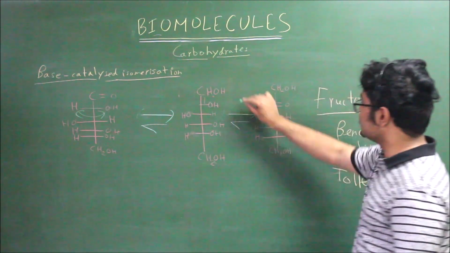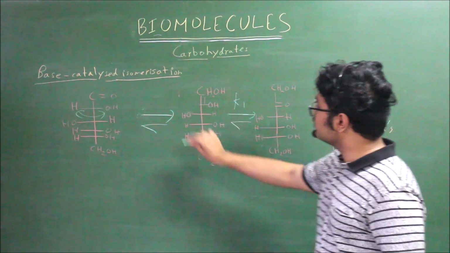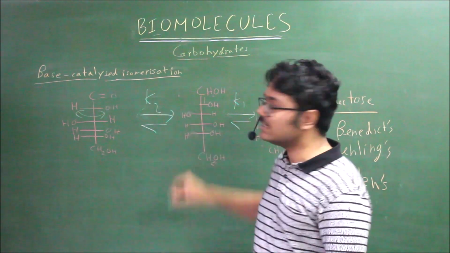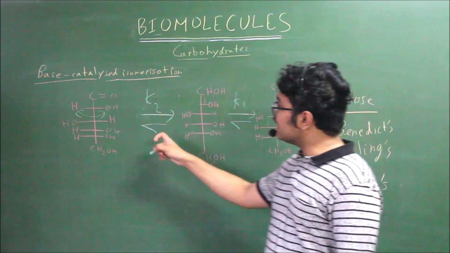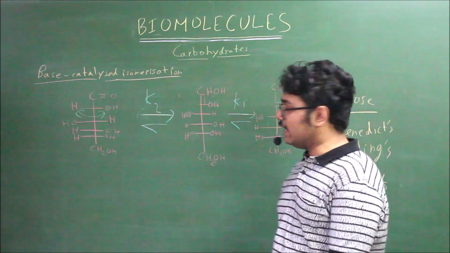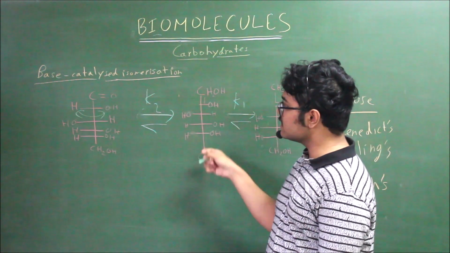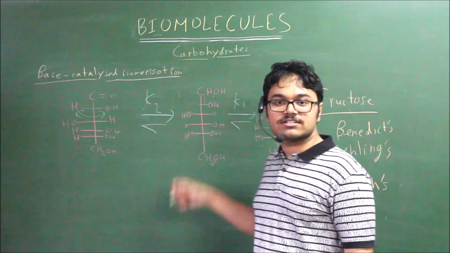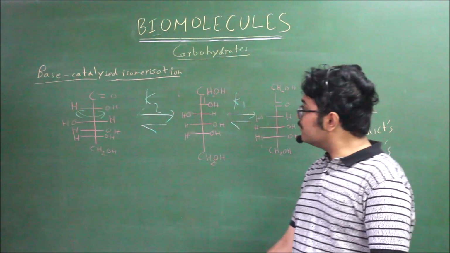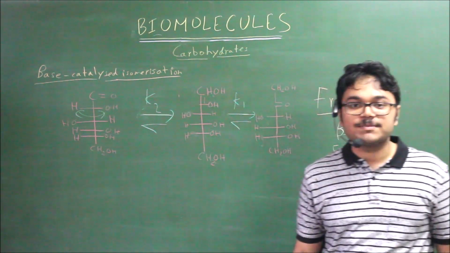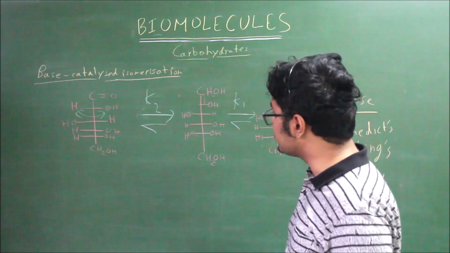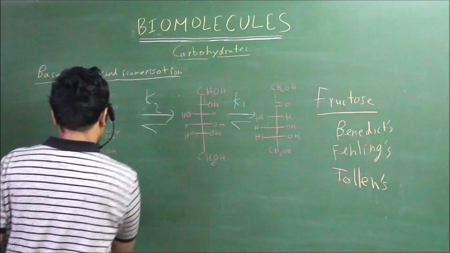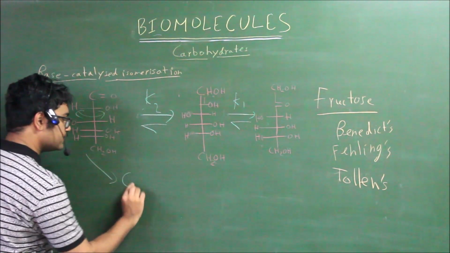Now there is some K1 value here, some K2 value here. These are equilibrium values. To maintain this K2 value, whenever this intermediate forms, more of it will turn into glucose than will turn back into fructose, because some of the glucose has disappeared. It's been consumed.